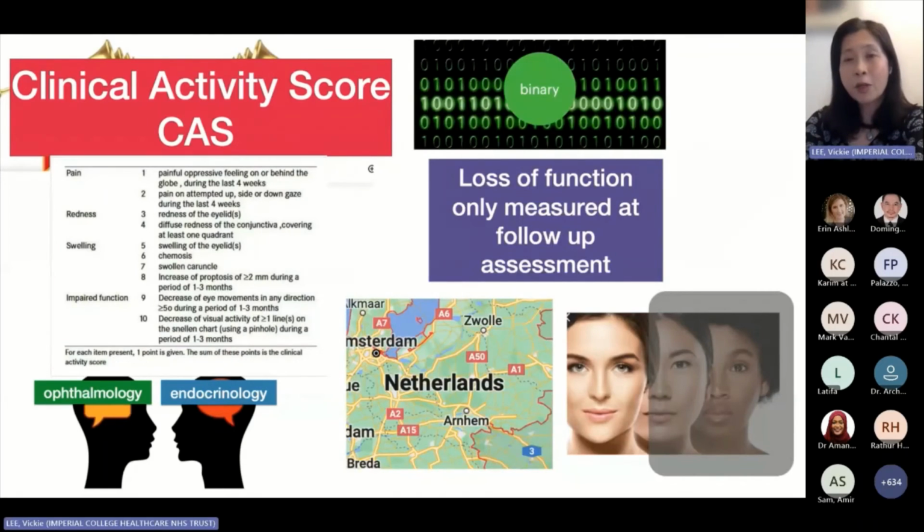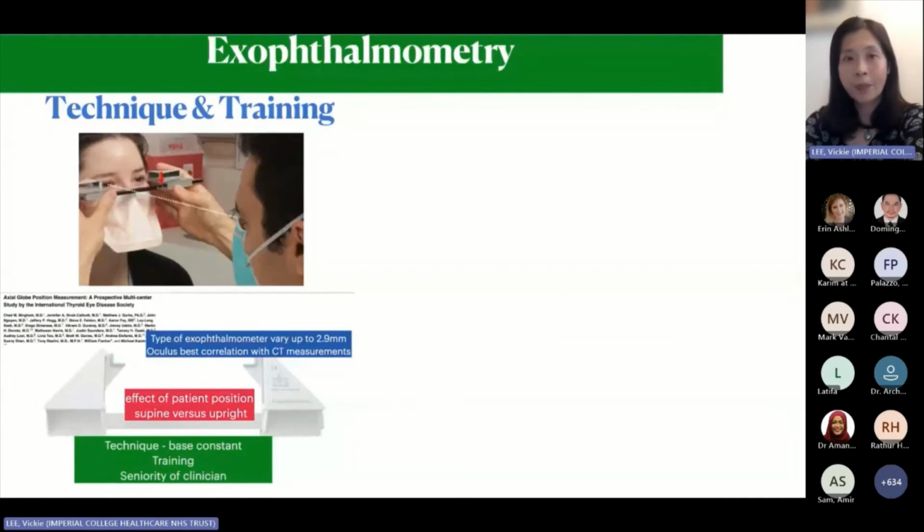It's a binary score, so it's either present or absent, and it measures for inflammation, pain, swelling, and redness at first visit. But the loss of function, such as worsening eye movements, decrease in vision, or worsening proptosis, is only measured at follow-up assessment. It's also useful to bear in mind that it was developed in the Netherlands, so its reliability in patients of other ethnicities rather than Caucasian can sometimes be less reliable.